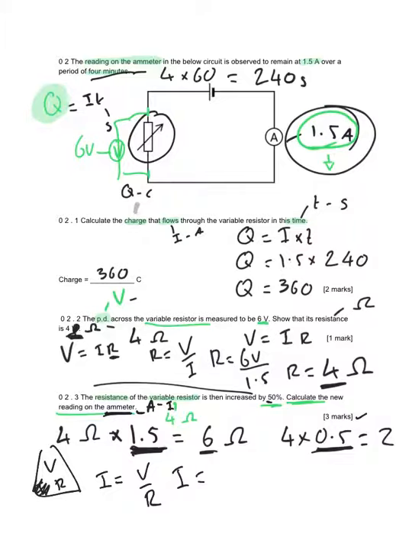Going back to the last question, I know that it's 6 volts. So it's 6 divided by my new resistance here. So it's 6 divided by 6. I should know that any number divided by itself equals 1. So the current is now 1 amp.